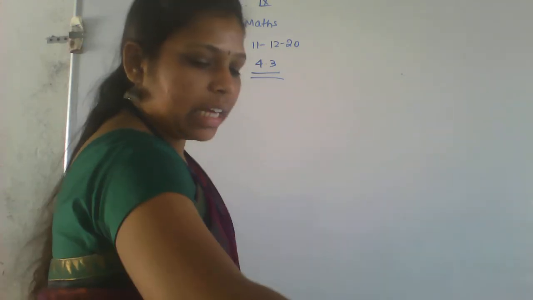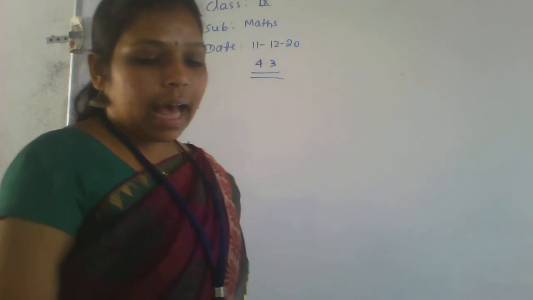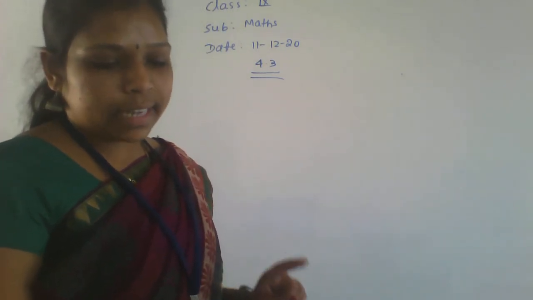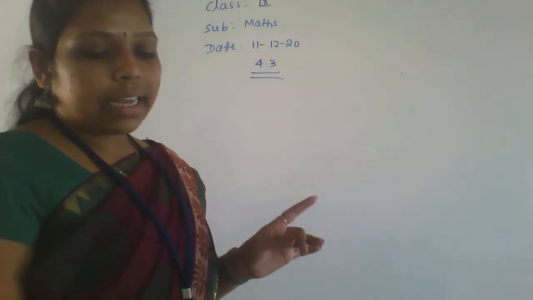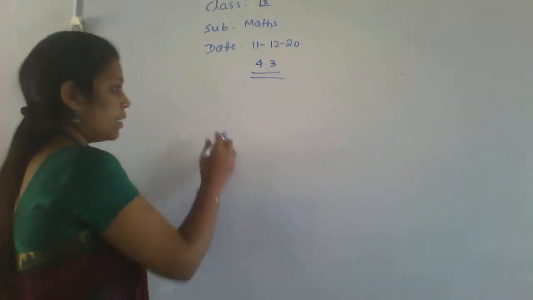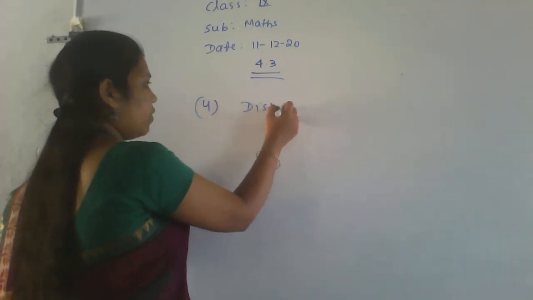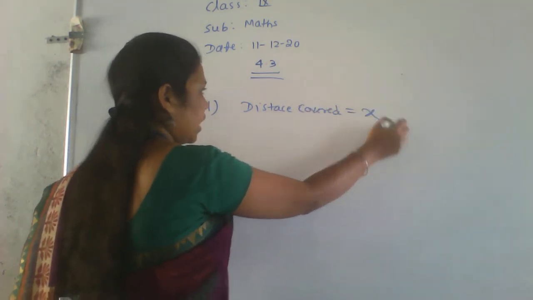Okay. So there is a taxi fare in a city as follows. For the first kilometer, the fare is 8 rupees, and for the subsequent distance it is 5 rupees. The distance covered is taken as the x value.